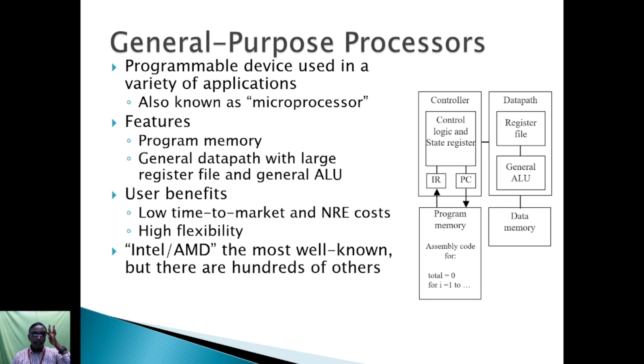Benefits: low time to market and NRE cost, high flexibility. So these are the general purpose processor advantages. Intel and AMD are the most well known, but there are hundreds of others.